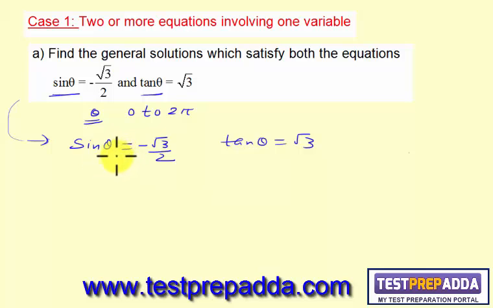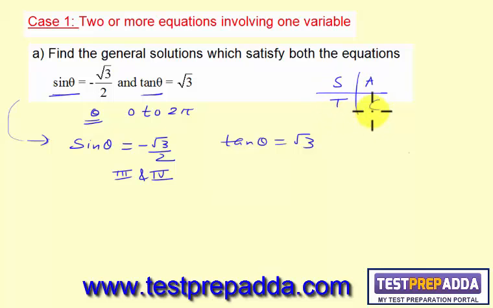You can see sin theta is negative, so theta will lie in which quadrant? Recall, after school to college. So sin theta will be negative in the third quadrant and fourth quadrant, while here tan theta is going to be positive.